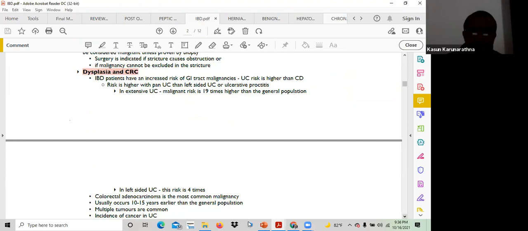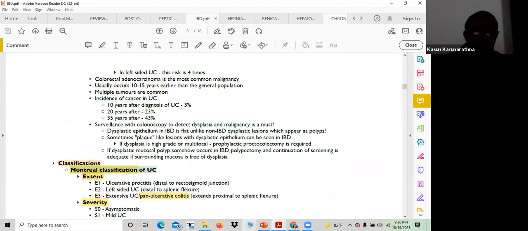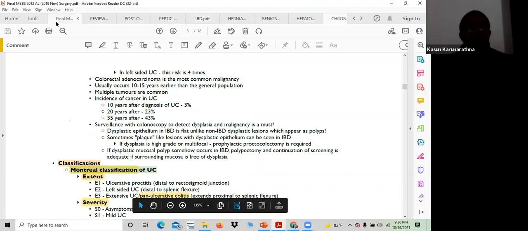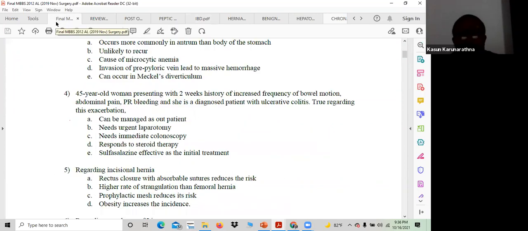Right. That's that, ulcerative colitis. You should know about these two arms of inflammatory bowel disease. That will be a topic in your MCQs and long cases as well, right?